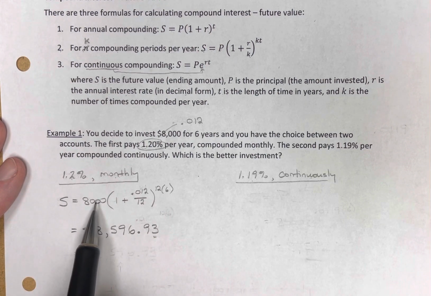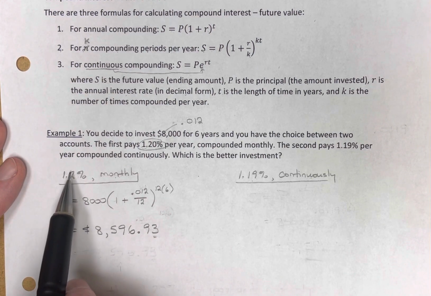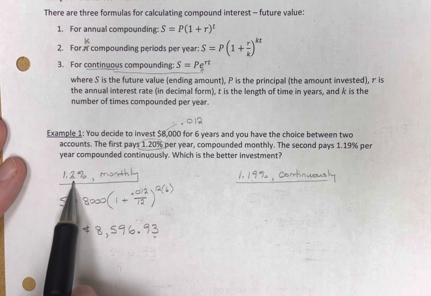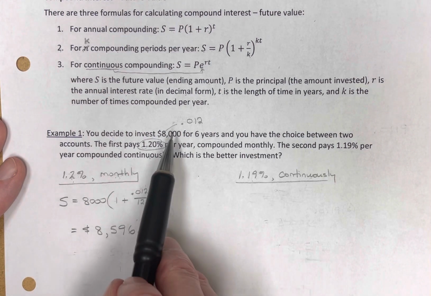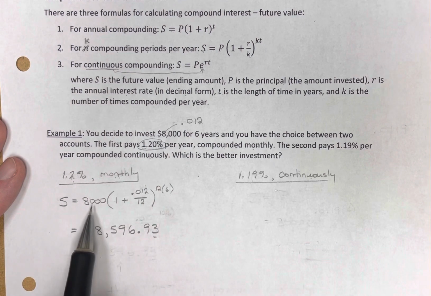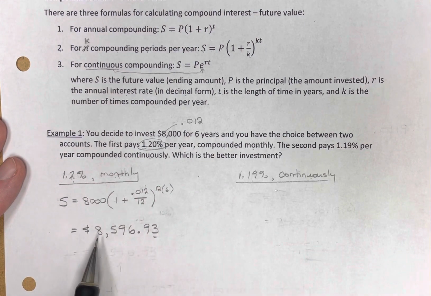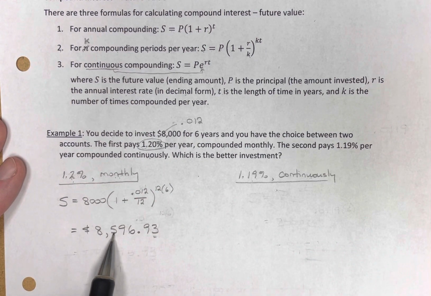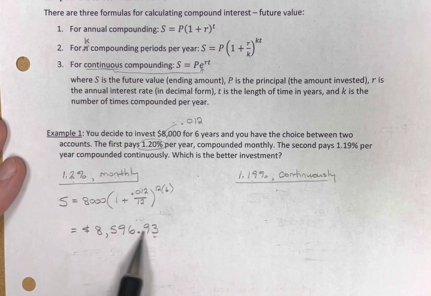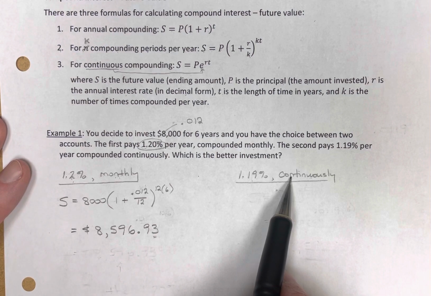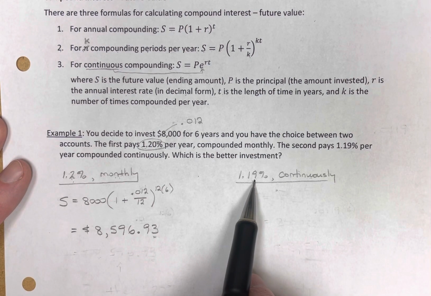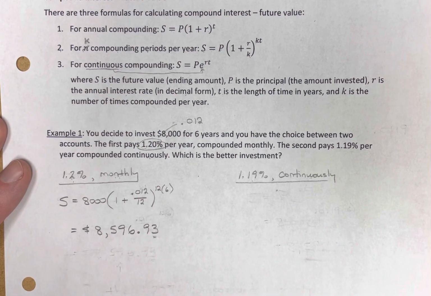So we just figured out that in account number 1 here, which pays 1.2% and compounds monthly, our $8,000 will grow after 6 years to $8,596.93. How about if we compound continuously at a slightly smaller interest rate?